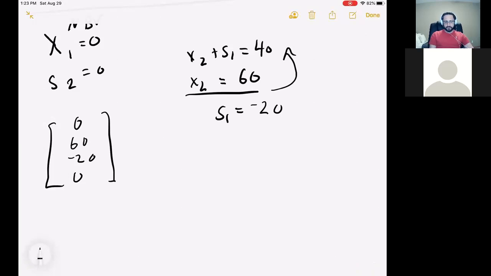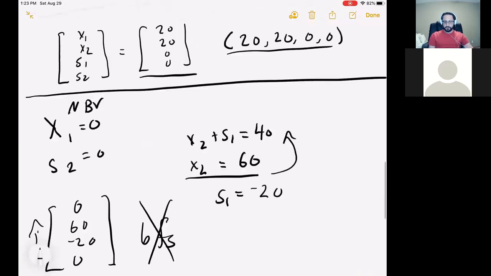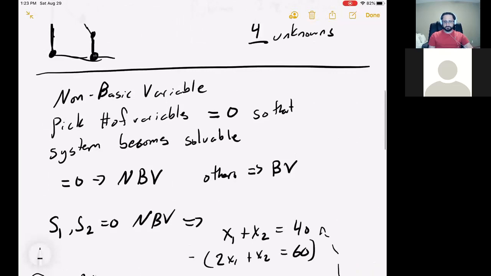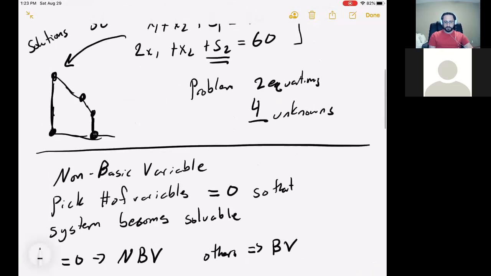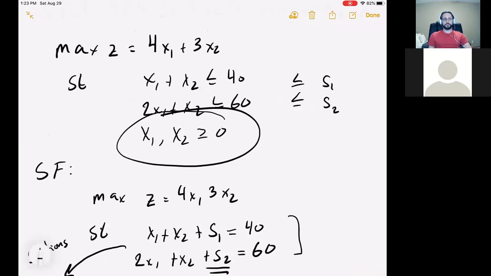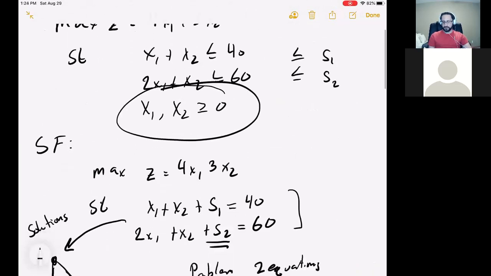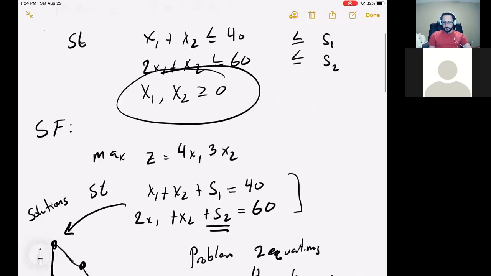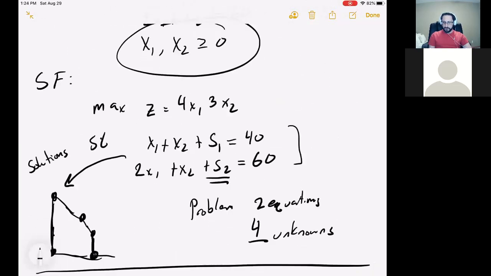You might be tempted to say this is a basic feasible solution, but that is not the case. Take a look all the way back to the original LP. Don't forget that there are sign constraints. In the standard form, those sign constraints propagate down as x1, x2, s1, and s2 all being non-negative.